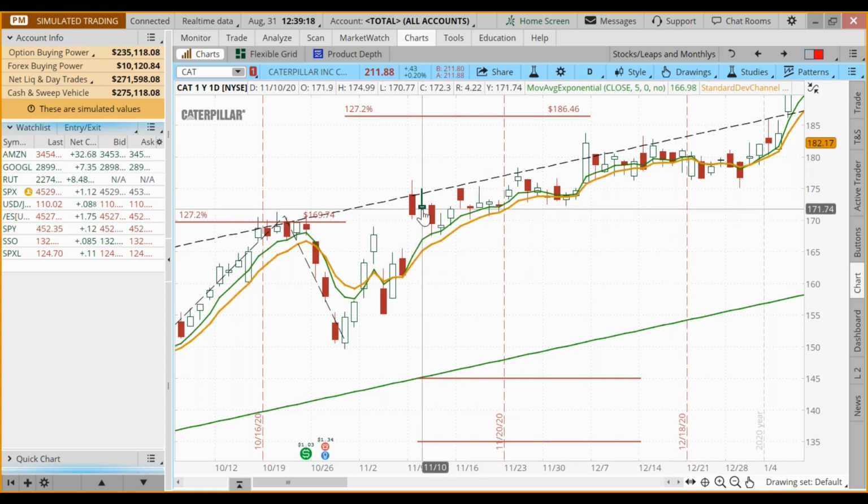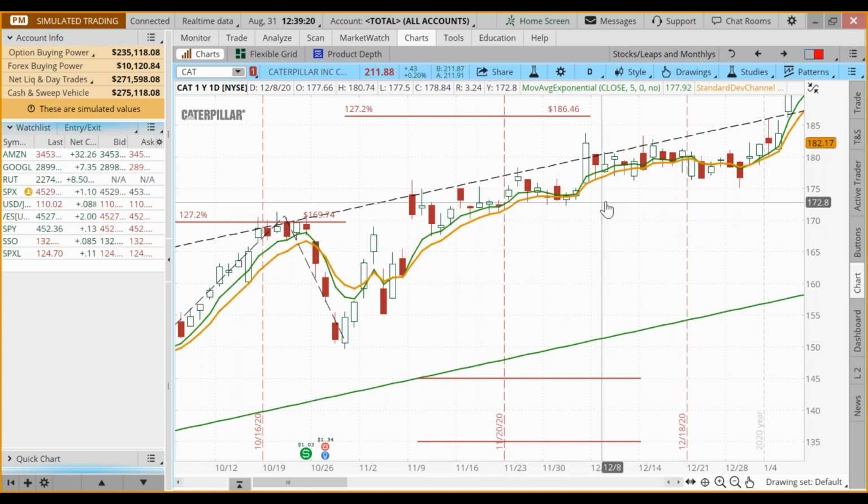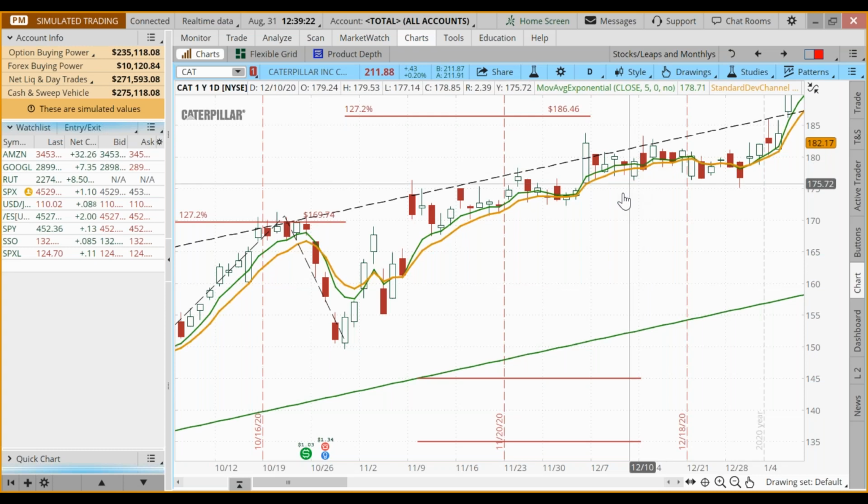So even though it had a little bit of a rise between when I got in and when I got out, it wouldn't have been enough to compensate for the loss in value of time due to time. With a vertical spread, time is our friend, okay?